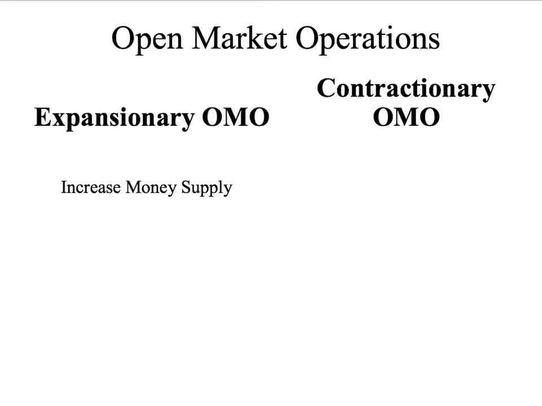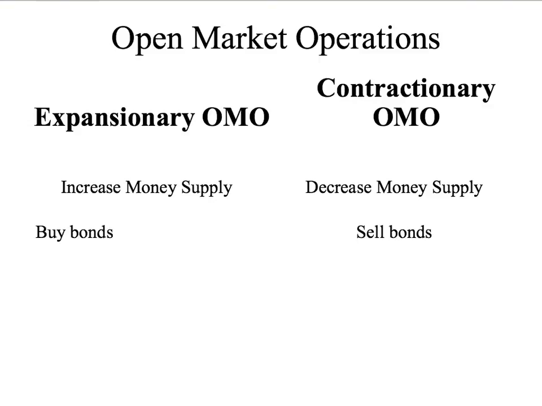Expansionary operations increase the money supply, whereas contractionary open market operations decrease the money supply. So with expansionary OMOs, we increase the money supply by buying bonds, and for contractionary, we decrease the money supply by selling bonds. So here we have the Fed. They can buy bonds to increase the money supply or sell bonds to decrease the money supply.